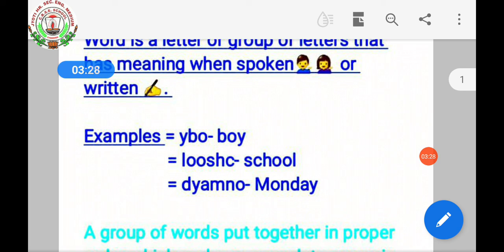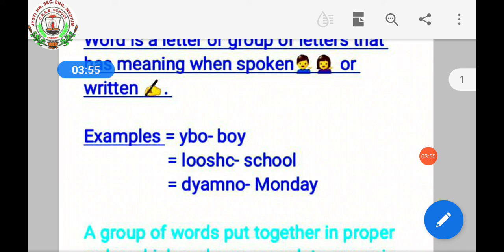Example, if I write YBO, I will say this is a group of letters, but is it giving the correct meaning? No. क्या वो करेक्ट मीनिंग दे रहा है? YBO? नो. तो उसे करेक्ट वे में, करेक्ट सीक्वेंस में हम लिखेंगे BOY, boy. Okay, BOY, boy. So like this, you understand now?